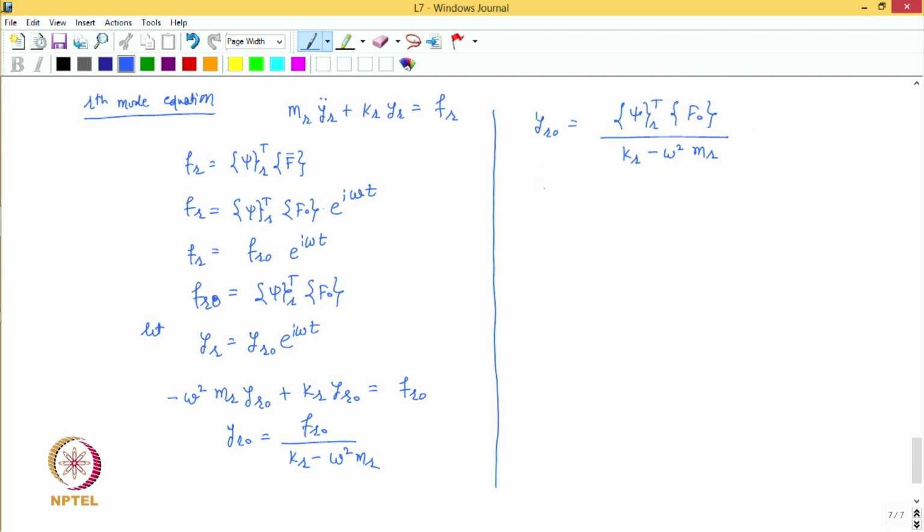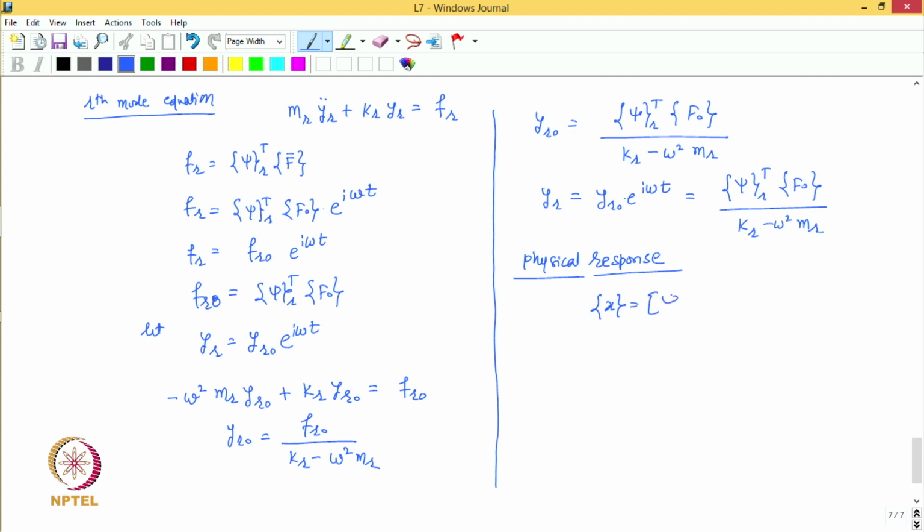This is nothing but the amplitude of the modal response, and if we like, we can also substitute this to obtain yr, which is psi r transpose F naught upon Kr minus omega square mr. So, now we can obtain response in physical space, response in physical coordinates, and we can substitute this modal response in the modal transformation equation, which is x is equal to psi y.